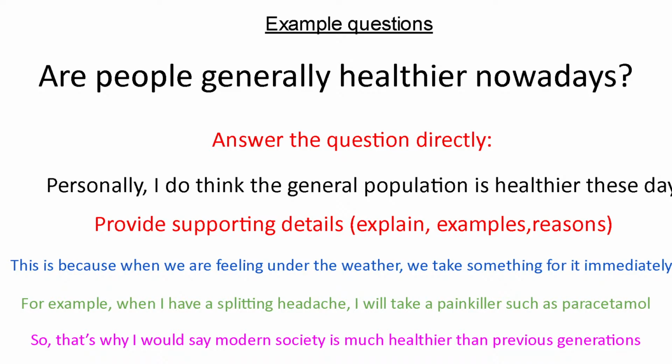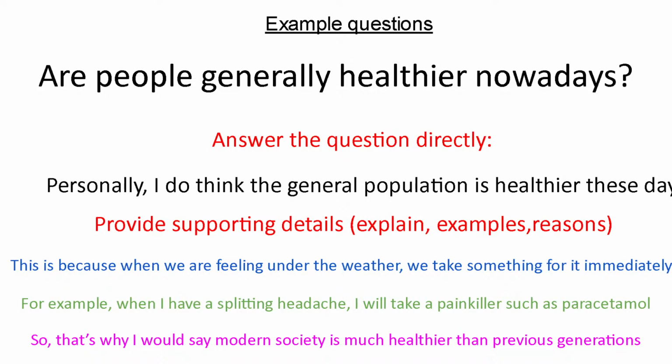Answer directly, whatever it might be, then some supporting sentences, and if you can, a little bit of a summary of what you said, bringing it back to the question. It's a nice natural way to end a question before you go on to the next one.